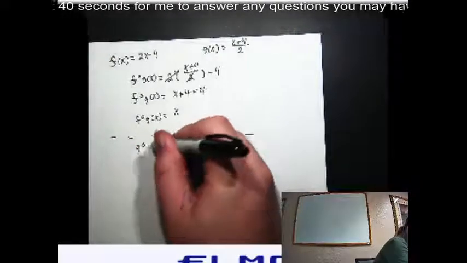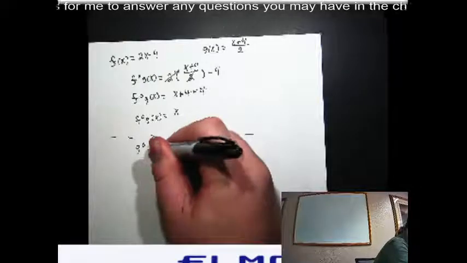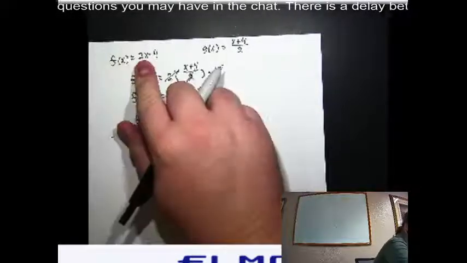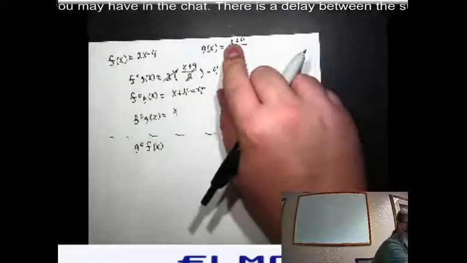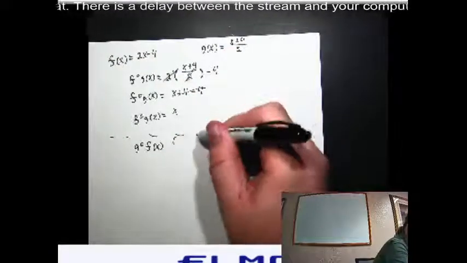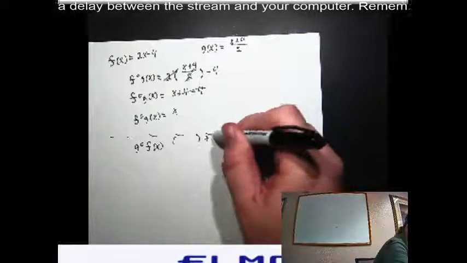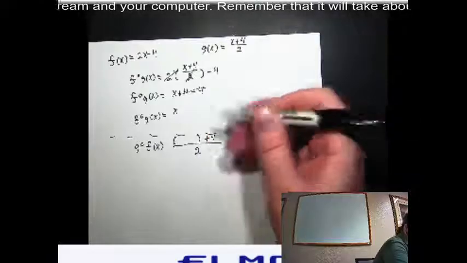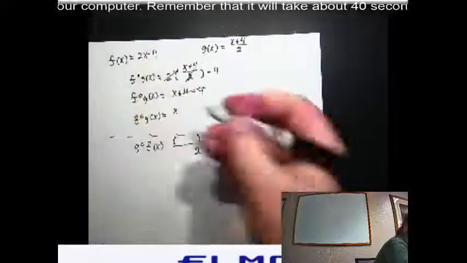Okay, so g composed of f of x. Again, we're going to take f and plug it into g. So that's x plus 4 all over 2. And the thing we're plugging in is this, 2x minus 4.